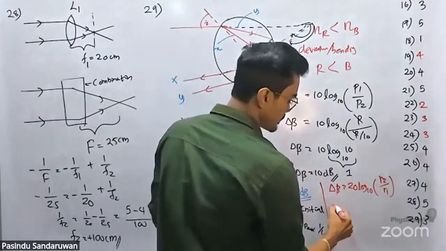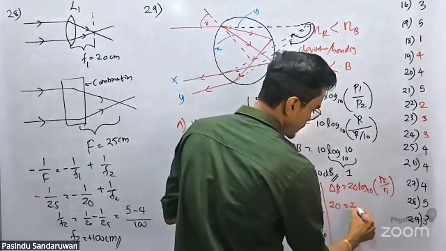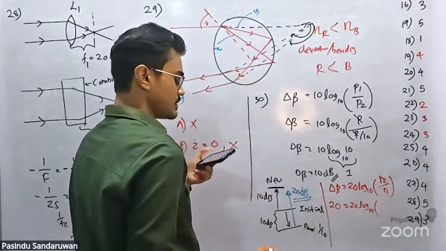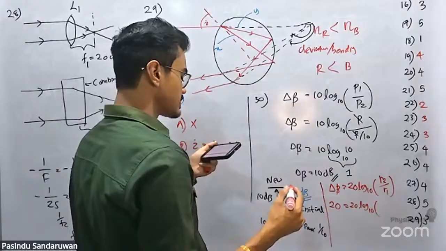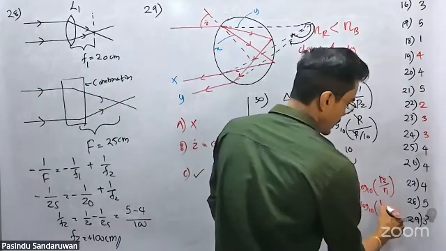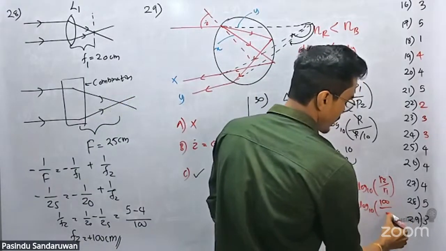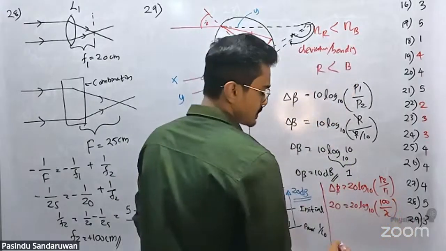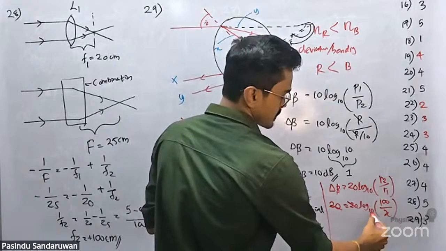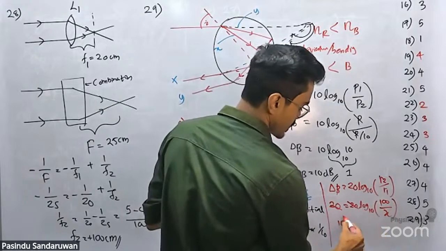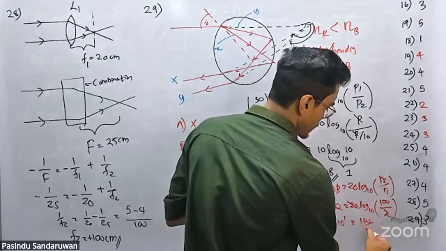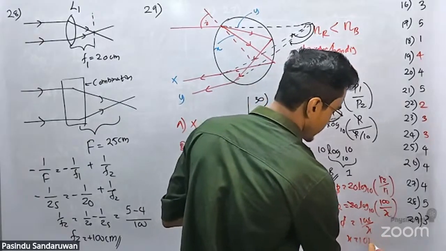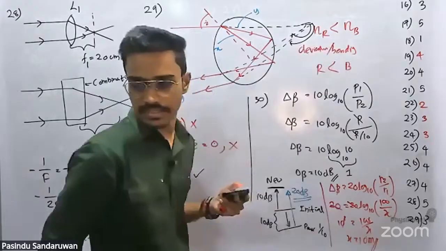Then delta beta is 20. 20 equals 20 log base 10, initial distance 100, and I'll assume the final distance as x. Then 20 cancels. Then 10 to the power 1 equals 100 over x. Then x equals 10 meters.